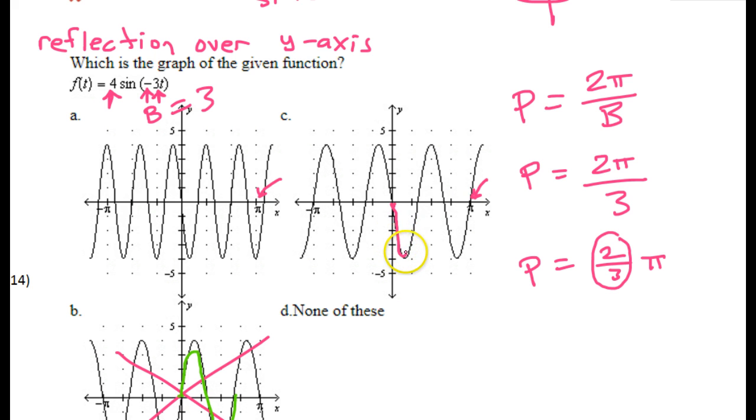Here's one cycle of the function, one period of this function, from corresponding point to corresponding point. Does this seem to be about 2/3 of the way? Well, yeah, it does seem to be about right. It's more than halfway to pi. It seems to be about 2/3 of the way. So far it looks like C is going to be the answer.